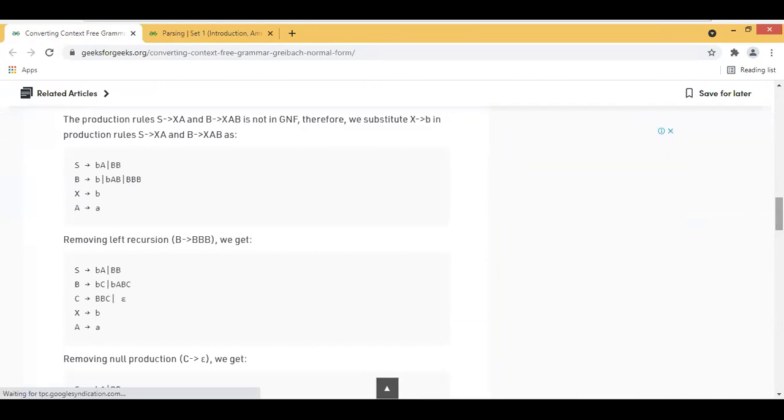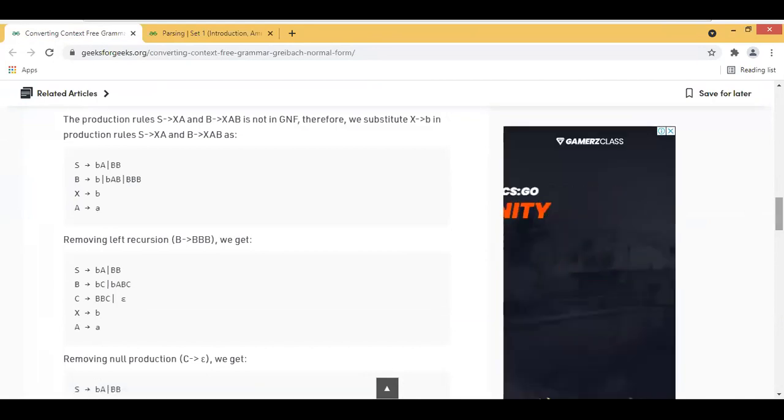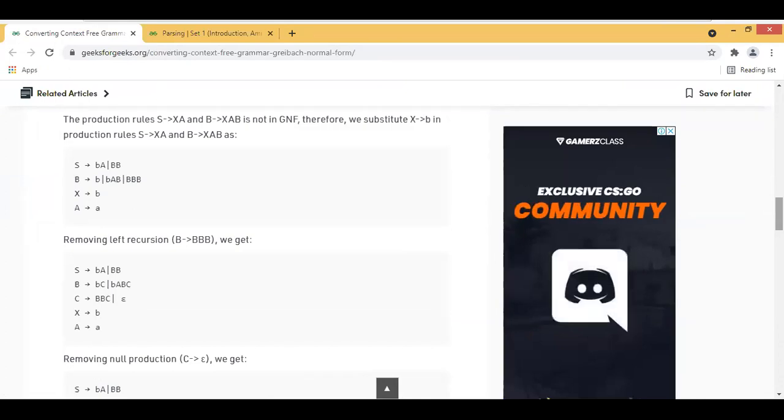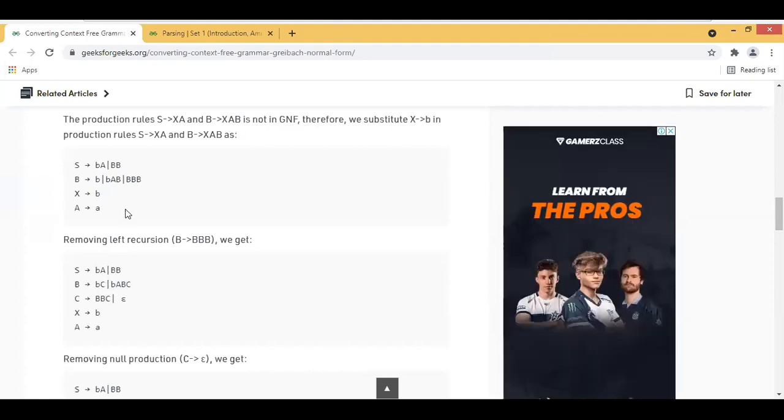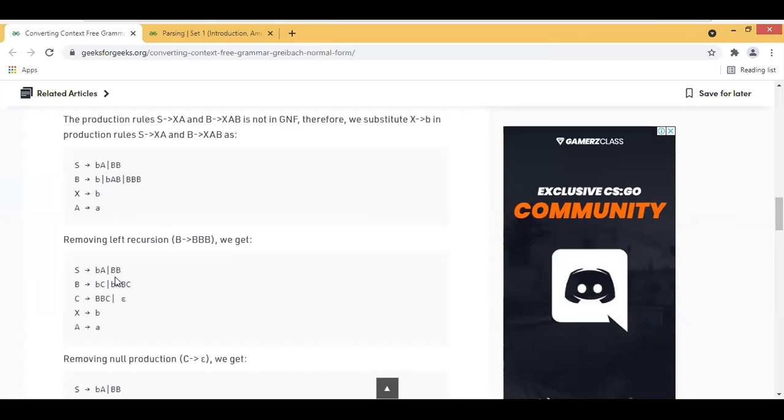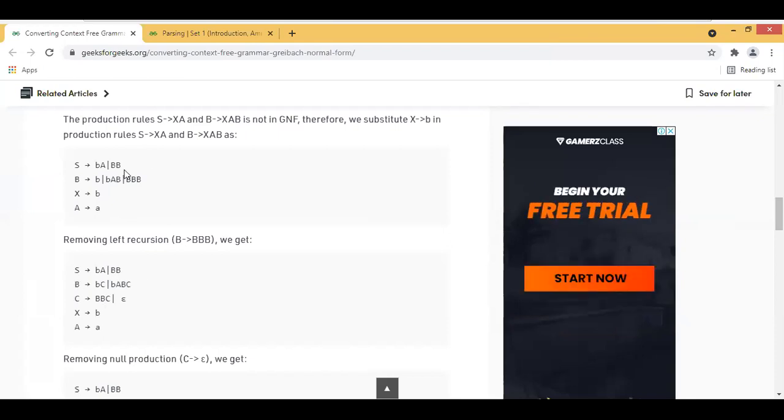So after mapping B tends to BBB with S tends to S alpha or beta, it becomes B tends to B C or BAB C, where C is considered as the A dash, the complement, but complements are not acceptable here. What does C become now? C tends to BBC or epsilon. These are the two that we get from this rule.